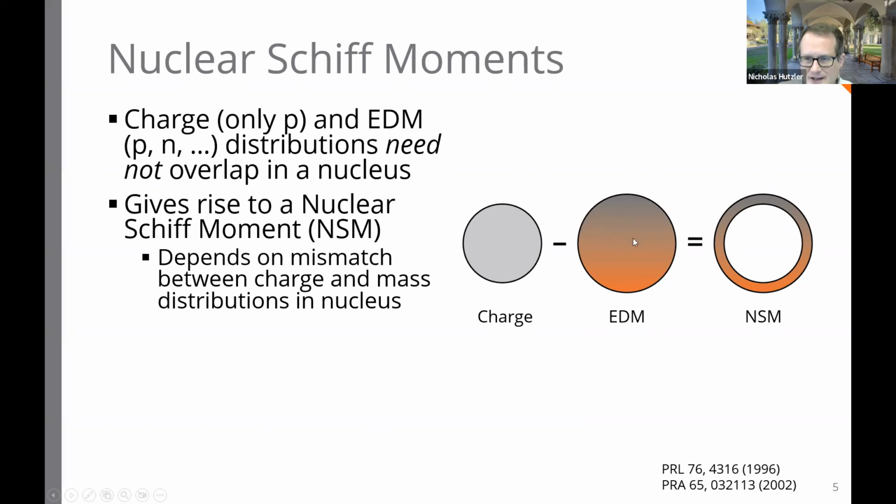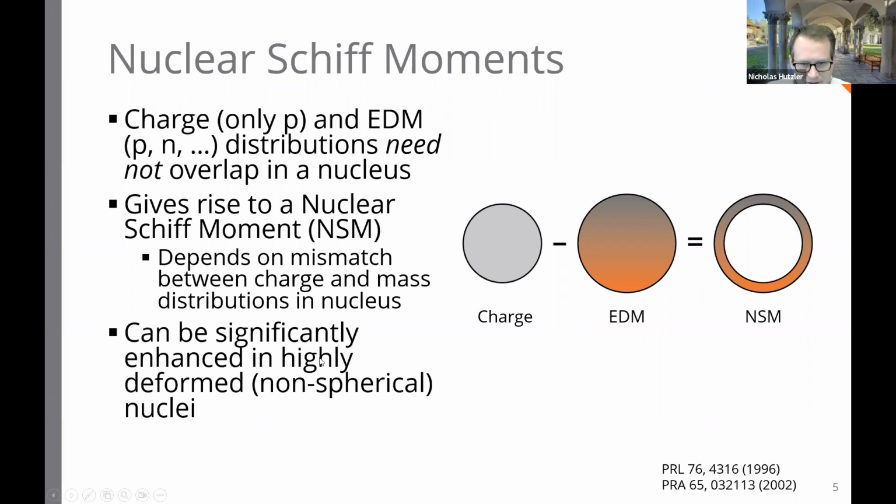So the charge and the EDM distributions might be slightly offset, meaning that you get some kind of residual charge distribution near the surface of the nucleus, which kind of looks like a dipole moment. It's called a nuclear shift moment, and it arises from a mismatch between the charge and mass distributions in a nucleus. Intuitively, it turns out there's actually a lot more complicated stuff going on under the hood, but this is a really powerful way to think about it.